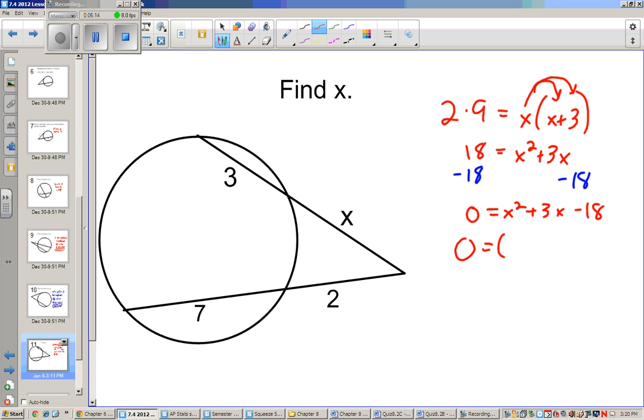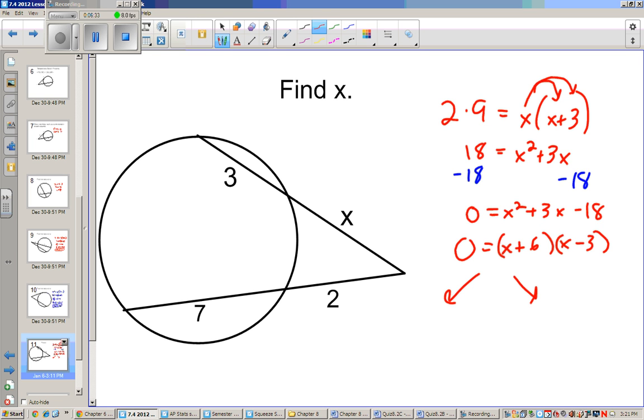Well, what two numbers multiply to 18 and add up to 3? That would be x plus 6, x minus 3. And in this situation, 6 minus 3 adds up to 3. 6 times negative 3 is 18, so that works.